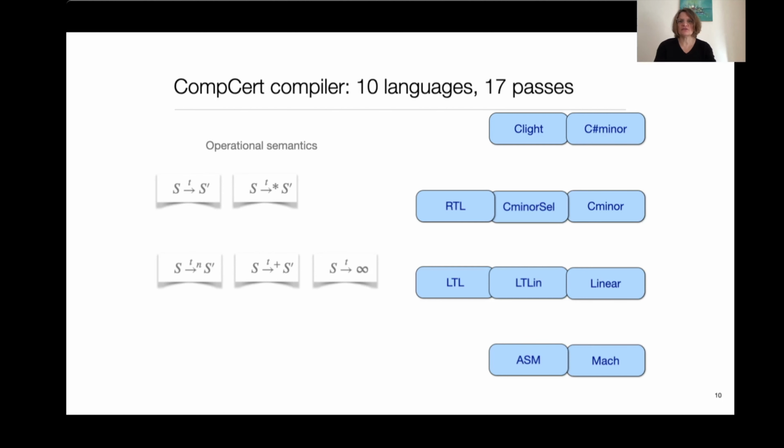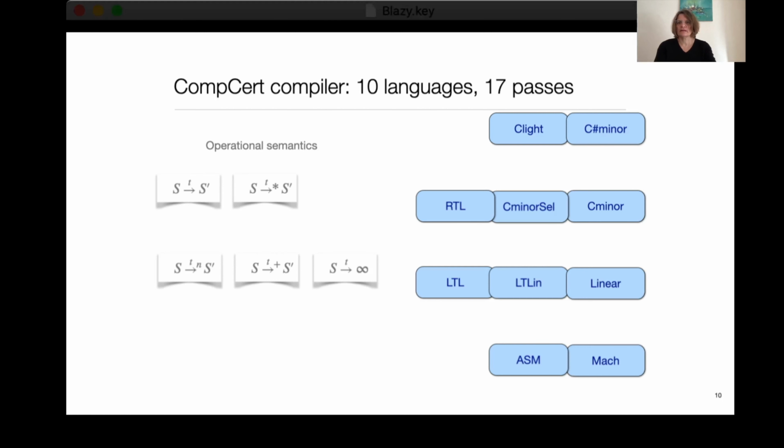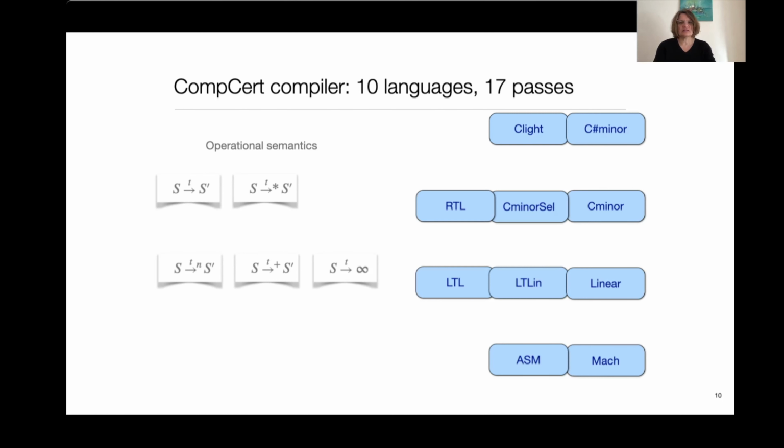The printing of a value is an example of such a trace. Once we have a small step relation, we can define the full execution of a program. It is the reflexive transitive closure of the small step relation. And so the full execution of a program observes a trace of events. This execution can be infinite.